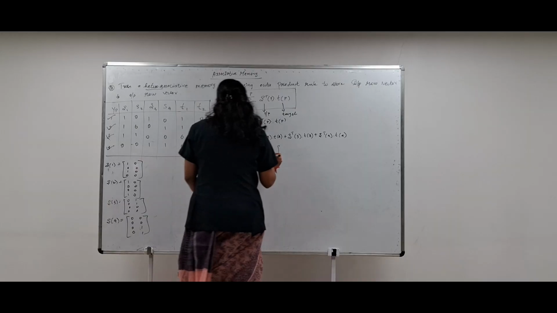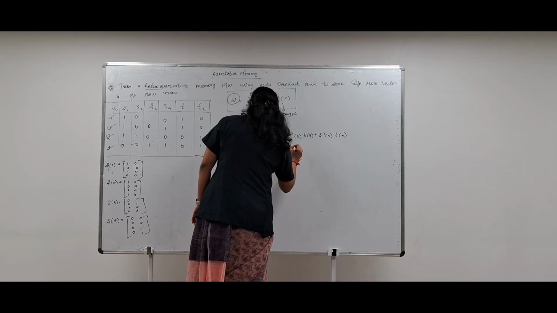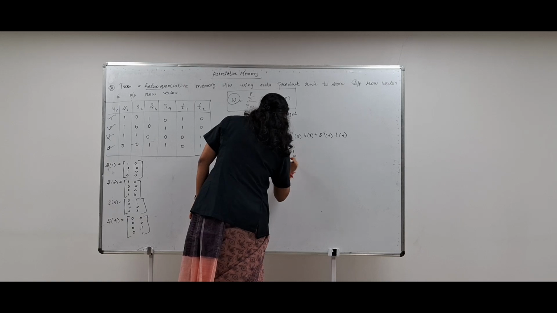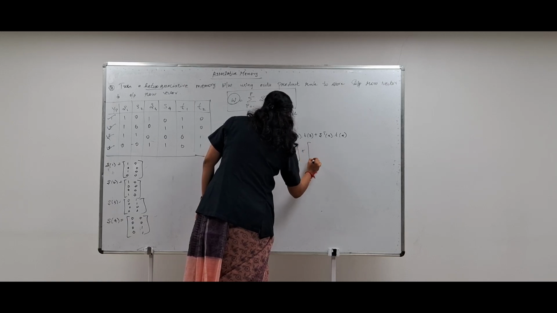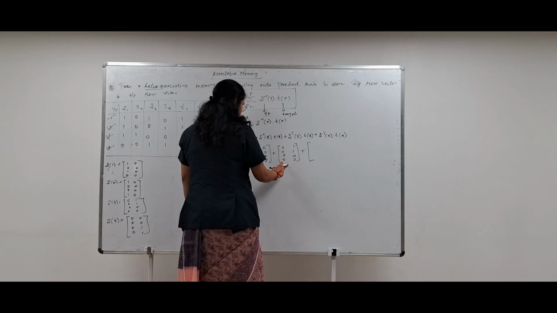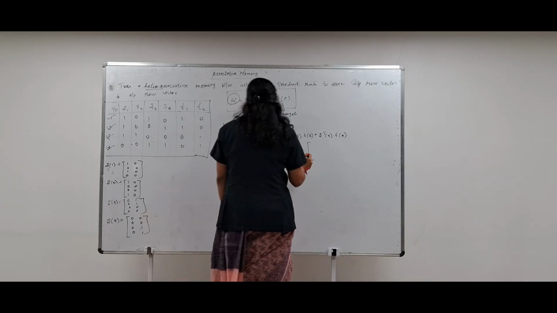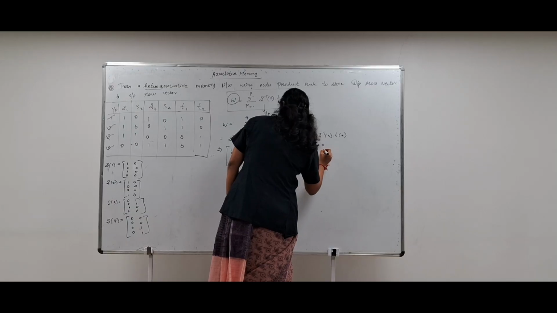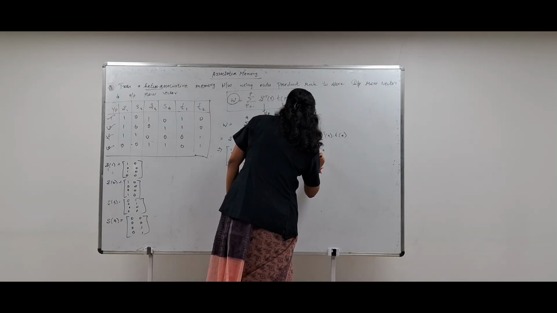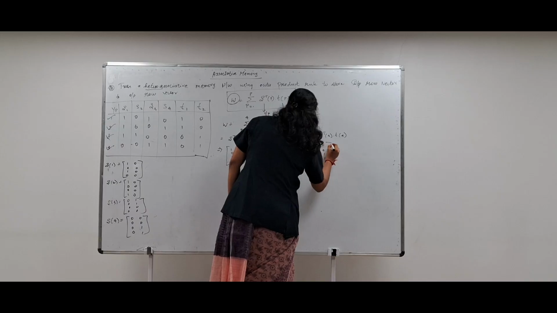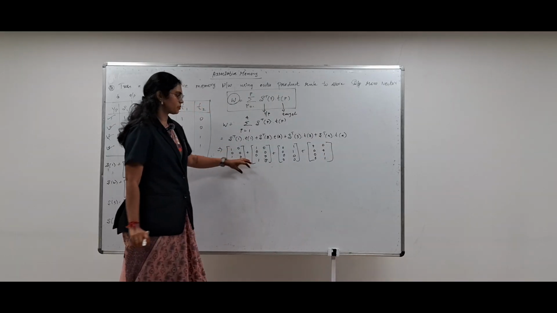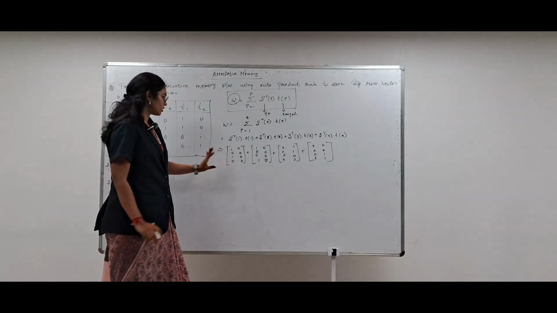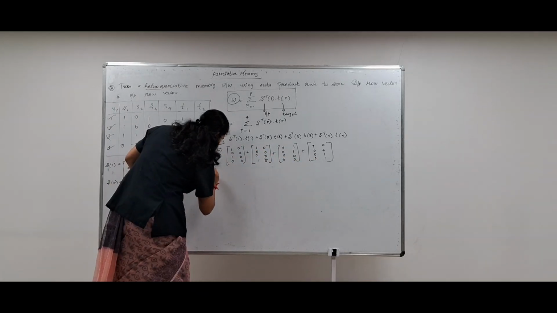Then for the third vector, 0, 1, 0, 1, 0, 0, 0, 0, plus, the same way for the fourth vector, that is 0, 0, 0, 0, 0, 1, 0, 1. Now we have taken each separate vector, vector 1, vector 2, vector 3 and vector 4. Now we are going to add all these vectors to calculate the weight matrix.